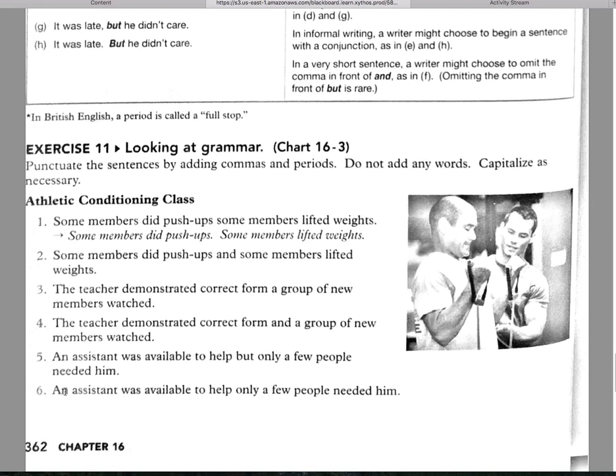Number 6. An assistant was available to help. Only a few people needed him. So you would say, an assistant was available to help, period, capital O, only a few people needed him, period. You use a period because there are two independent clauses and you cannot connect them because there's not a conjunction, so you have to use a period.